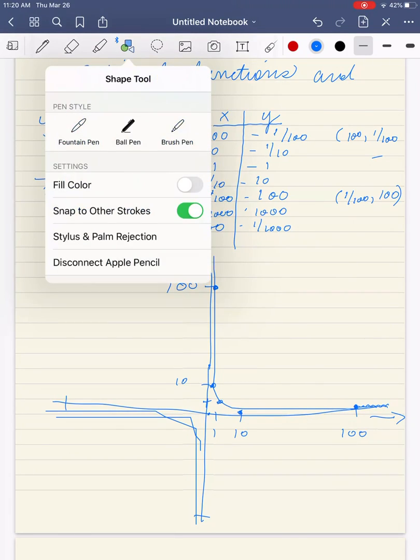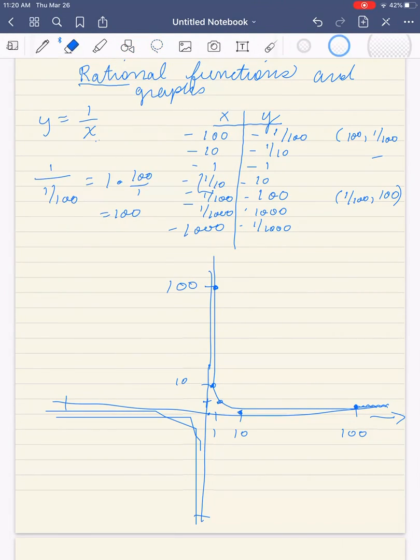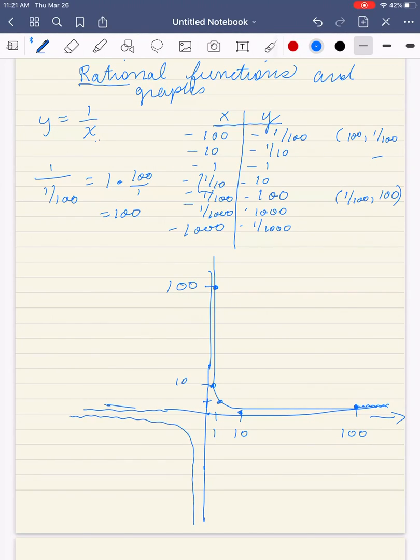Well, just pretend that's a nice smooth curve there. Okay, so that is what a rational function looks like.